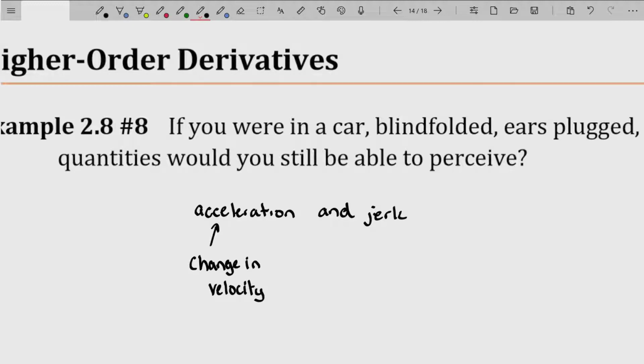And jerk is called the change in acceleration. That is actually used in mathematics and physics, so we will be using that word quite a bit. Physically, the jerk you can think of as that uncomfortable sensation when a car suddenly stops, right? That quick difference in acceleration is called the jerk.